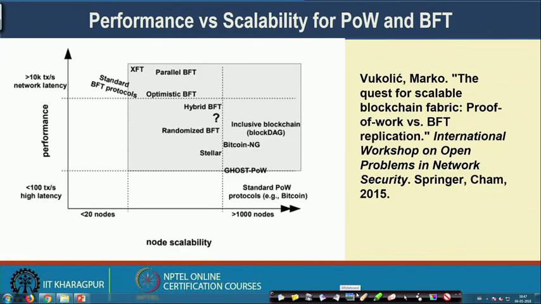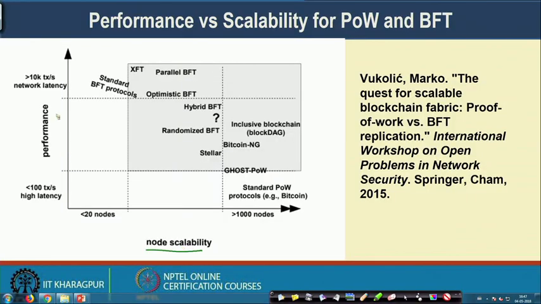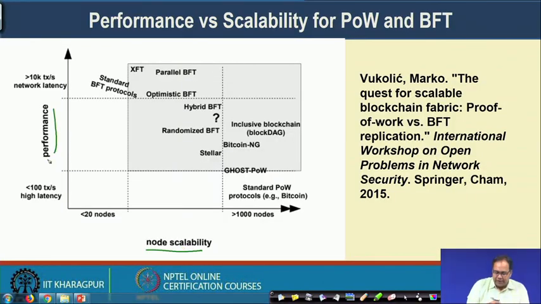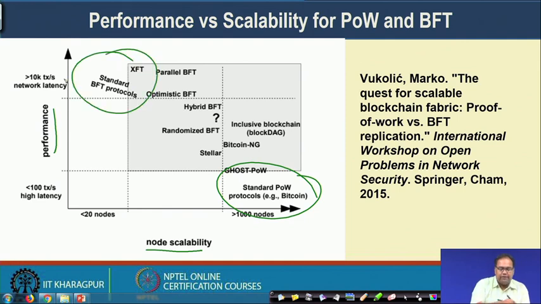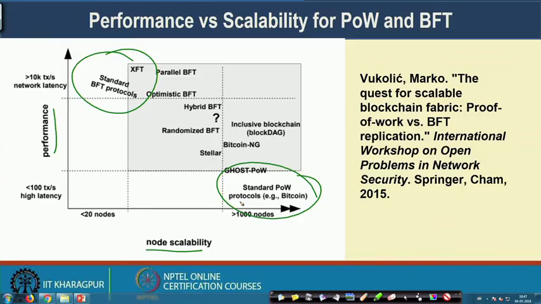Now, this particular diagram we looked into in the last class, from the Vukolic paper, where he has tried to place different kinds of consensus protocols in terms of node scalability and performance. We have seen that the standard proof of work protocol falls here in this coordinate, whereas the standard BFT protocols fall here. So, our target was to build something which will work in between these two.